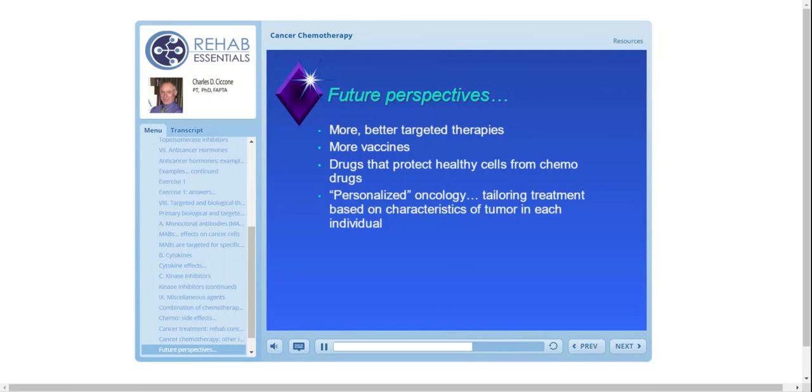We should also never forget that prevention and early detection are also important, and we can help remind our patients of that as well. Using sunblock, not smoking cigarettes, regular screening in terms of breast exams, colorectal screening in terms of colonoscopy.